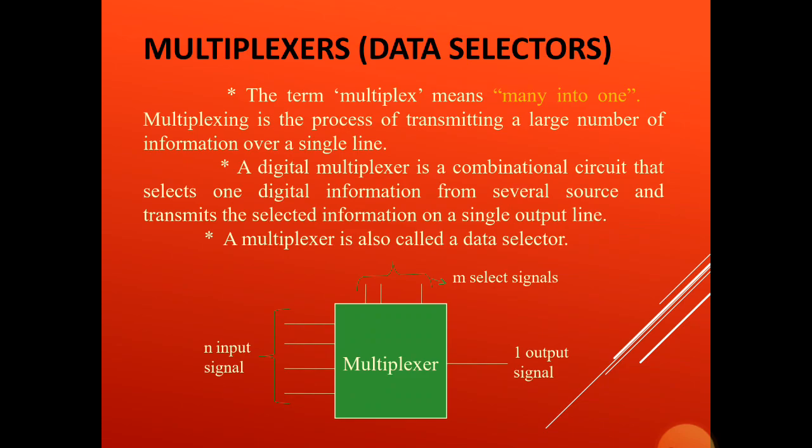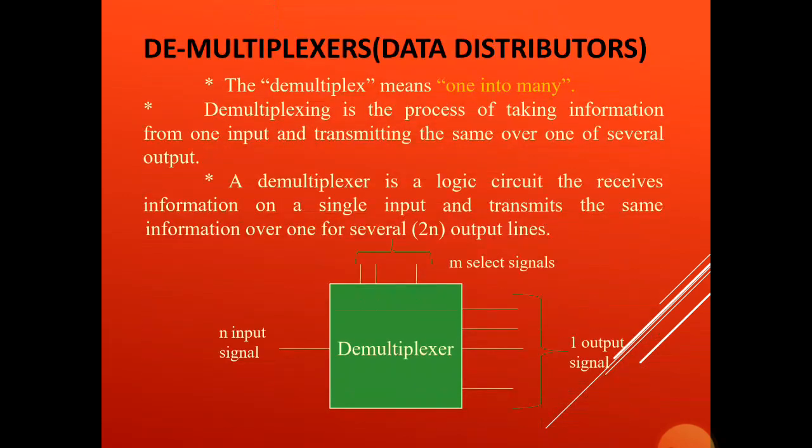Multiplex means many to one. From n number of input signals, only one output is selected using m number of select lines. So using these select lines, that is the data selector, only one line is selected. The next is the inverse operation of the multiplexer, called the demultiplexer.